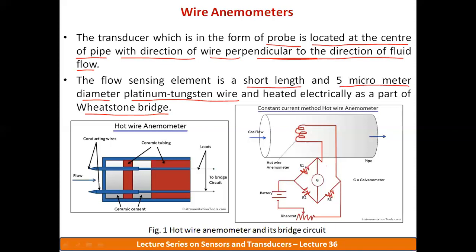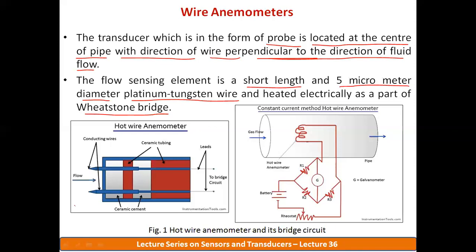Whenever we want to measure the change in resistance when the physical quantity is changed, we make use of a Wheatstone bridge. Whenever the physical quantity varies, the Wheatstone bridge gets unbalanced.